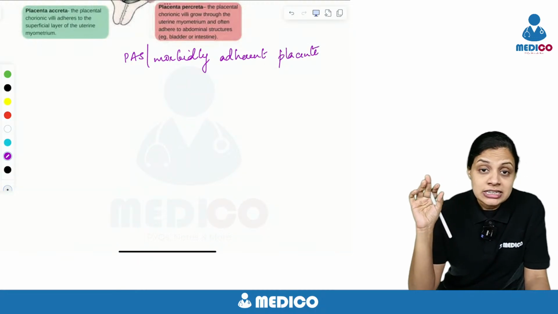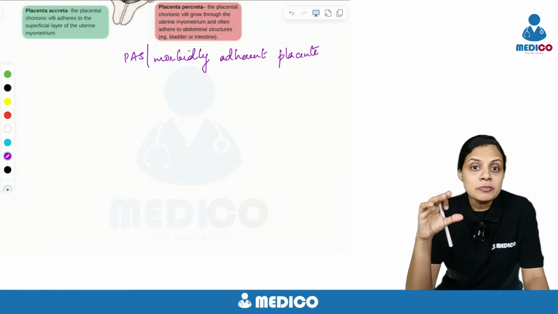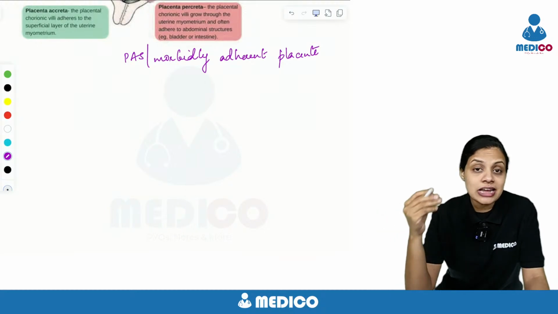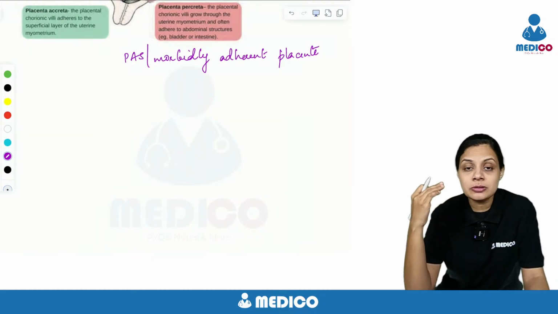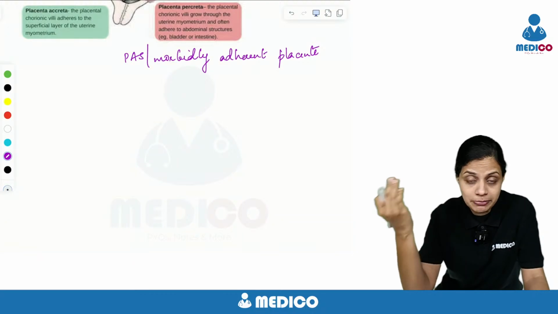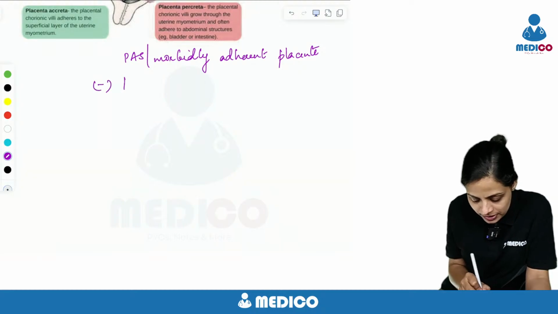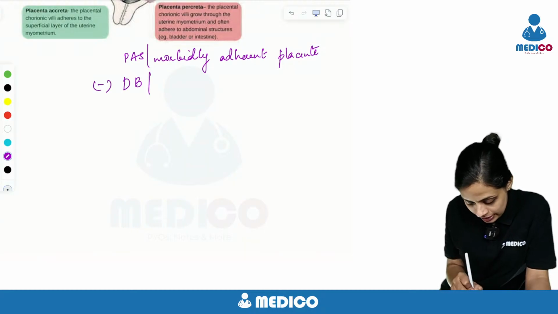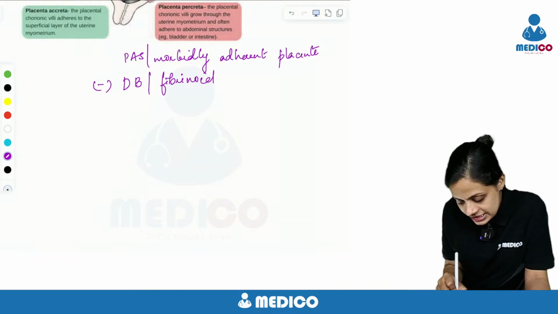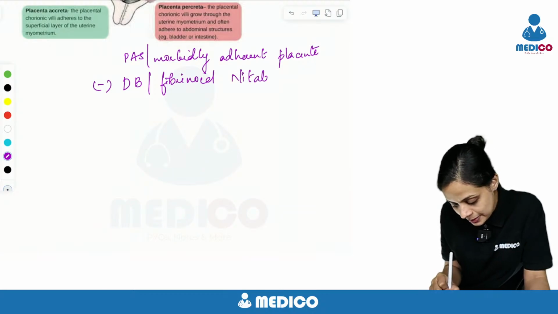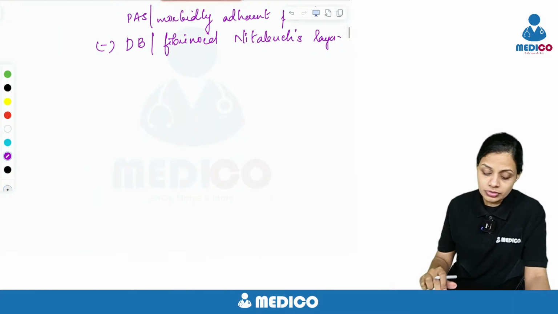What is absent? The decidua basalis is absent, the part between the implanting blastocyst and the myometrium. There is absence of the decidua basalis and the fibrinoid or Nitabuch layer in a case of placenta accreta syndrome.